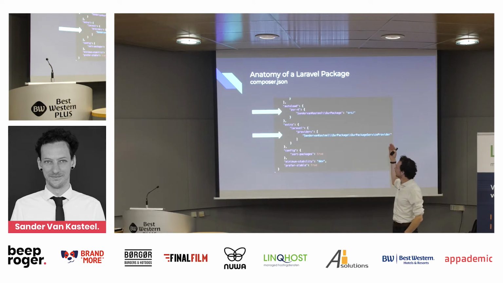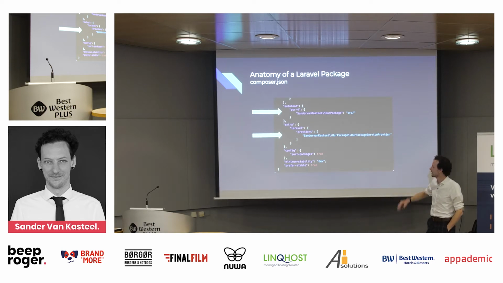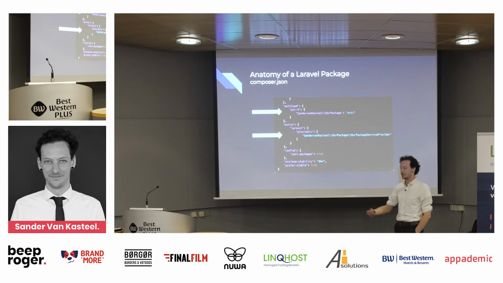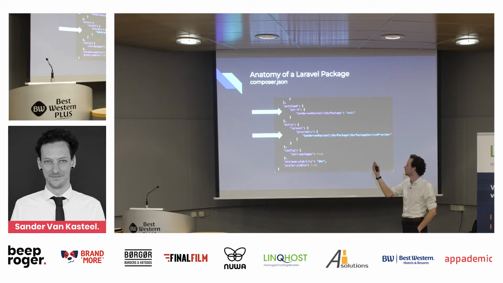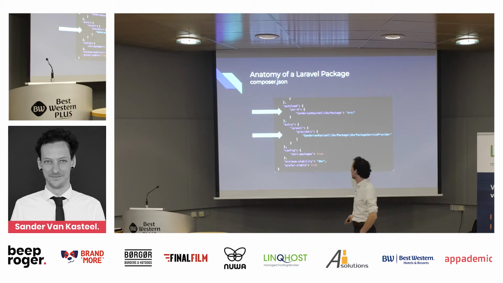Besides that, you obviously need to define your autoloading. So what's the entry, where's your namespace pointing towards? For Laravel, you need to define the extra key where you can say to Laravel, look, this is my package service provider. And obviously you can define some configuration. You can say if you want to sort the package when you install a new package, your minimum stability, and if you prefer stable.